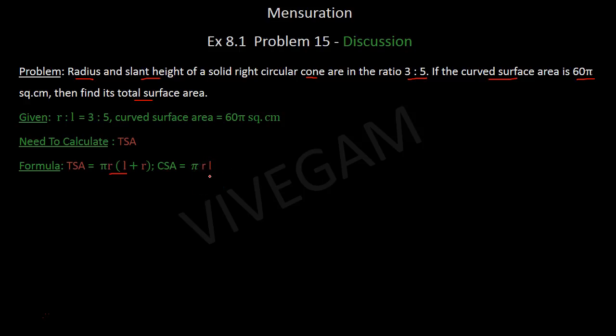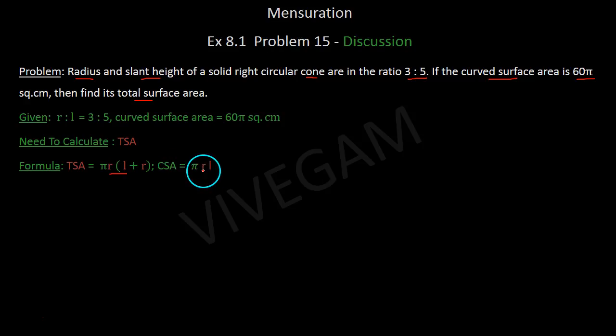As I told earlier, since it's given as a ratio, let's take the radius as 3y and the slant height as 5y, and substitute that here. So the CSA will become pi into 3y into 5y, and that equation is solvable because only y is unknown.